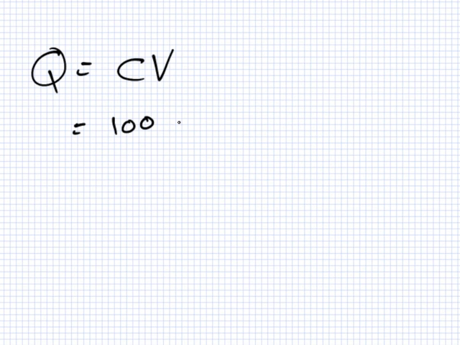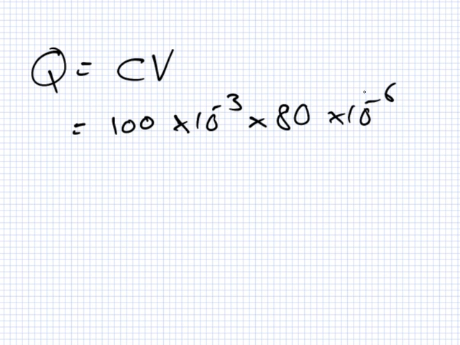Millifarads, so 10 to the minus 3. And what's the voltage? 80 microvolts. Can you multiply? Yes, you can. Come on, guys. Why are you being so tired today? Wake up. And here we get 8 microcoulombs.